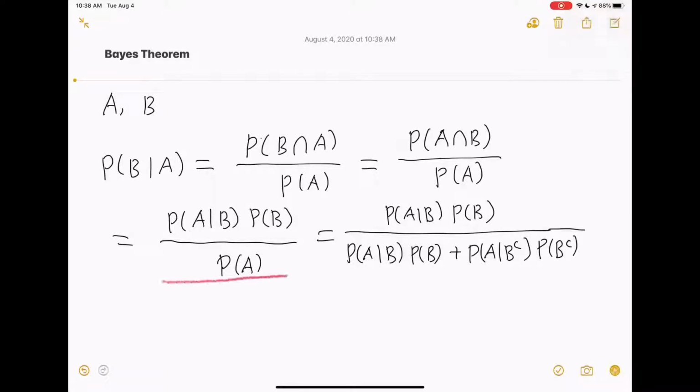This is often referred to as the Bayes theorem. But this one is actually more useful in practice. Next, we will give some examples on how to use the Bayes formula to solve real-world problems.